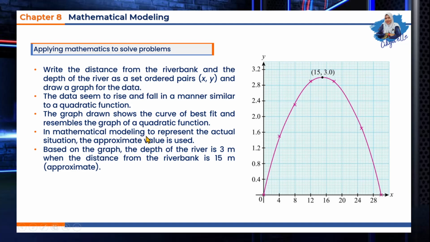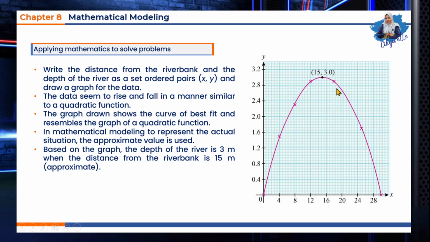In mathematical modeling, to represent the actual situation, an approximate value is used. Based on the graph, the depth of the river is 3 meter when the distance from the river bank is 15 meter, approximately. This is just an approximate value.